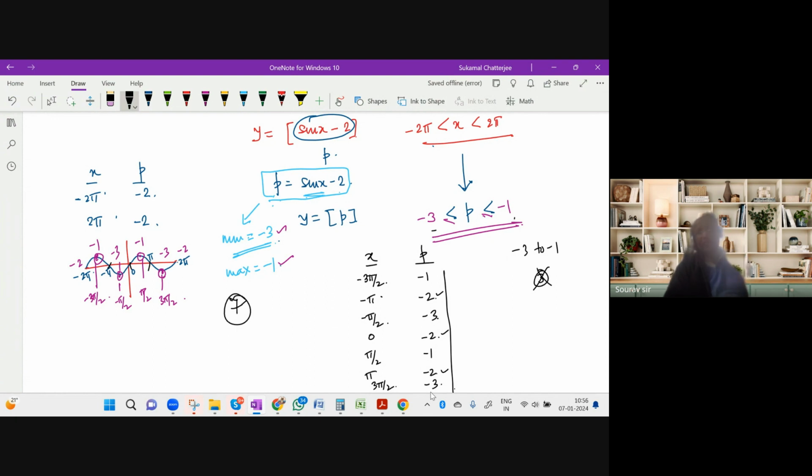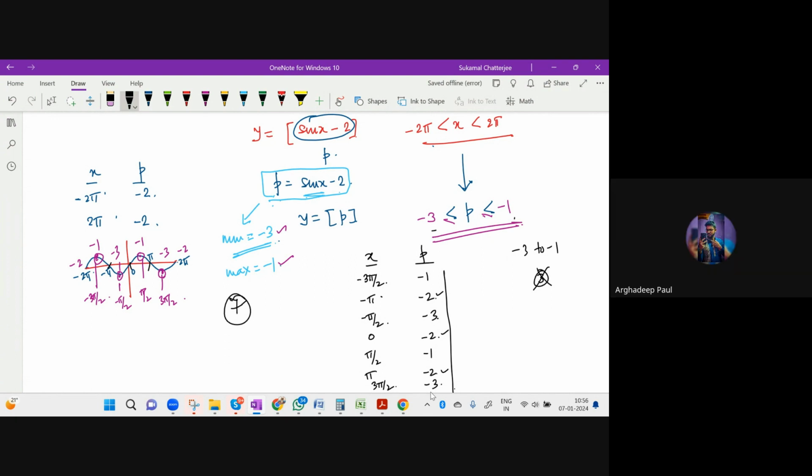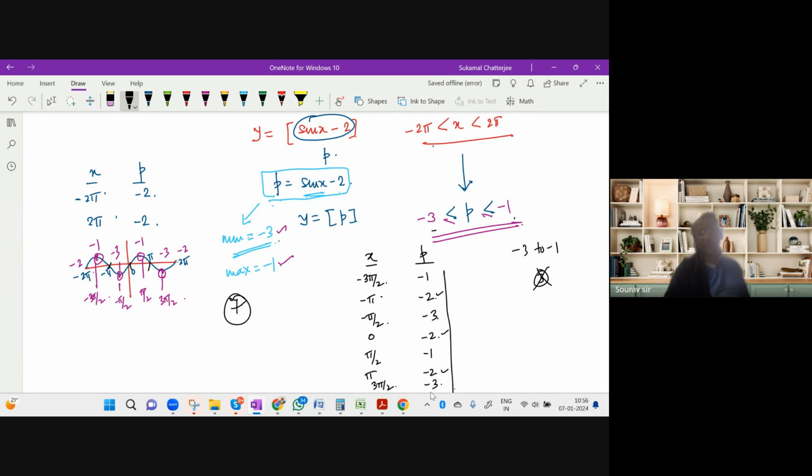Everyone clear on this? Yes, sir. A lot of mistakes happen. I've seen from my past experience, a lot of mistakes happen in this kind of question. To avoid those mistakes, please draw this diagram, especially whenever you have a trigonometric function.